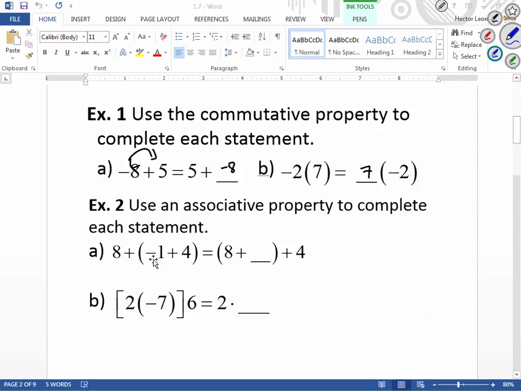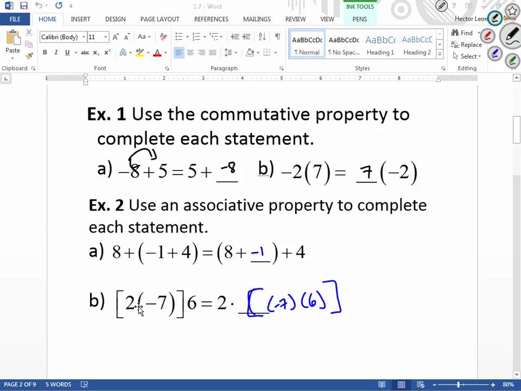Now, my other example: use the associative property to complete each statement. 8 plus the quantity negative 1 plus 4 is equal to 8 plus negative 1, and then outside is plus 4. Notice how the order of my numbers is 8, 1, 4, so I should have 8, 1, 4, with the same operation. Here, 2 times negative 7 times 6 is equal to 2 times, inside a bracket, negative 7 times 6.